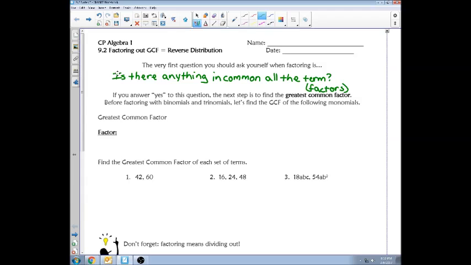Okay. If you answer yes to this question, the next step is to find the greatest common factor. Before factoring binomials and trinomials, let's find the GCF of the following monomials. Well, what is the greatest common factor then?